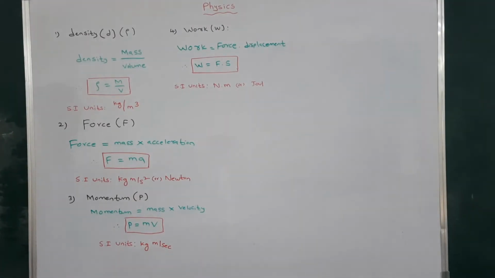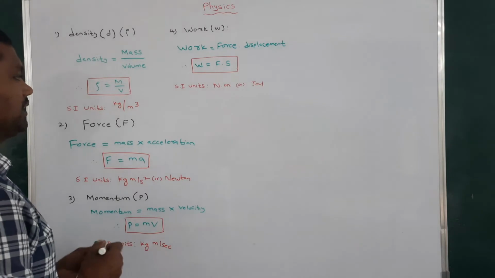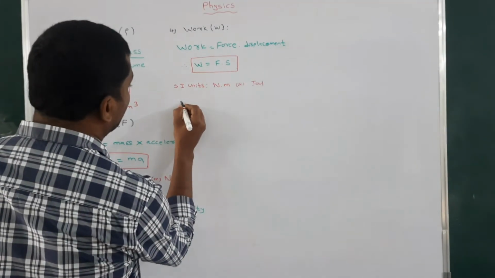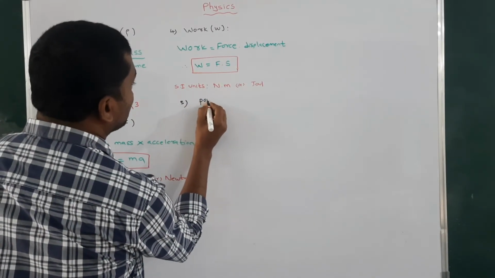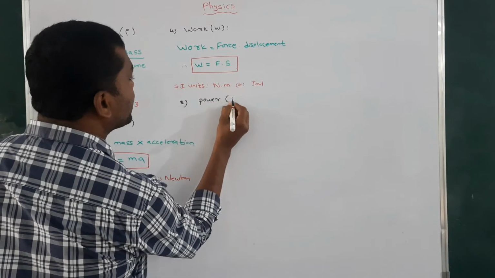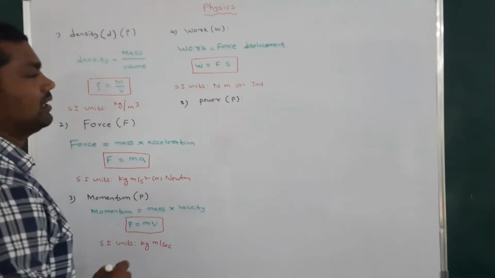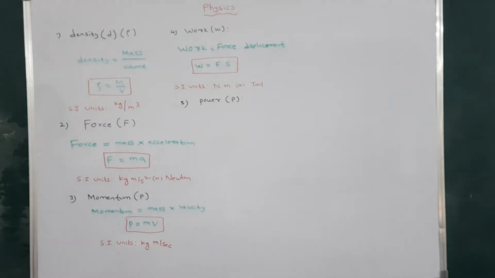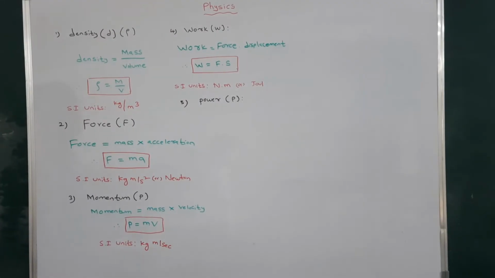And next, the fifth physical quantity is power. It will be represented by P. Now we can write the formula of the power.